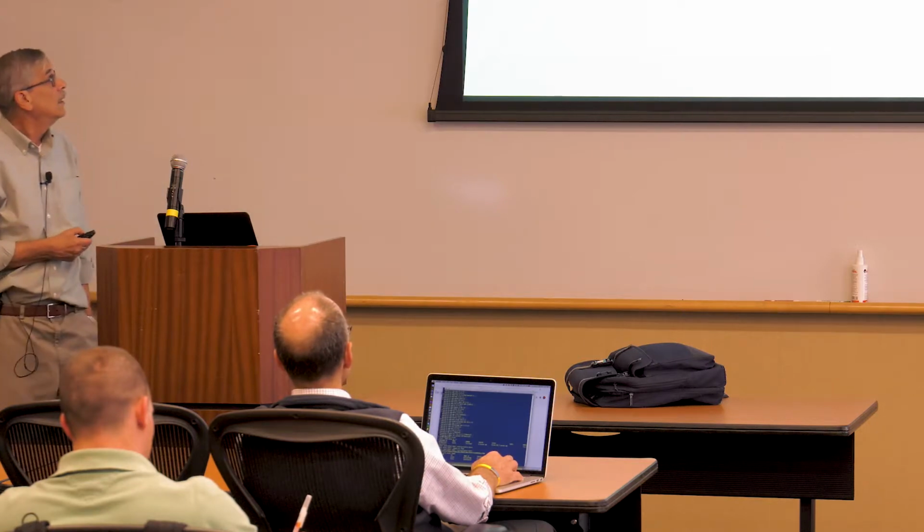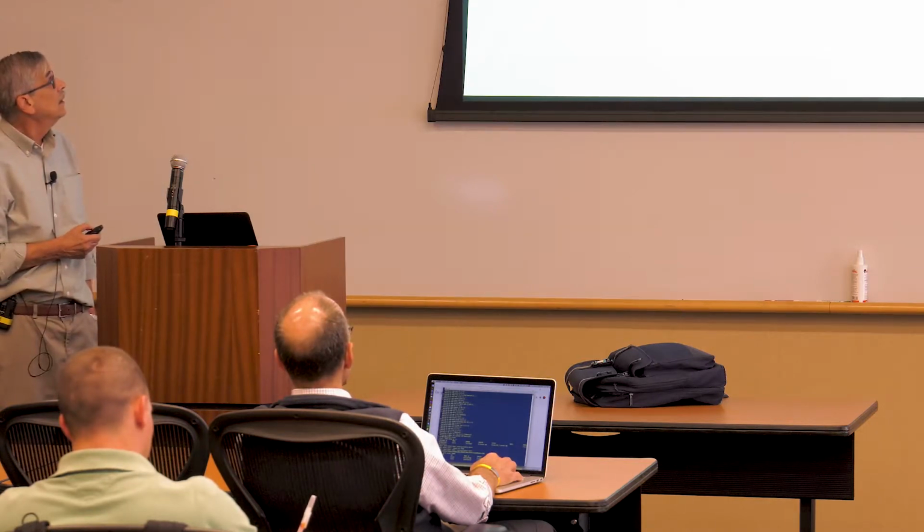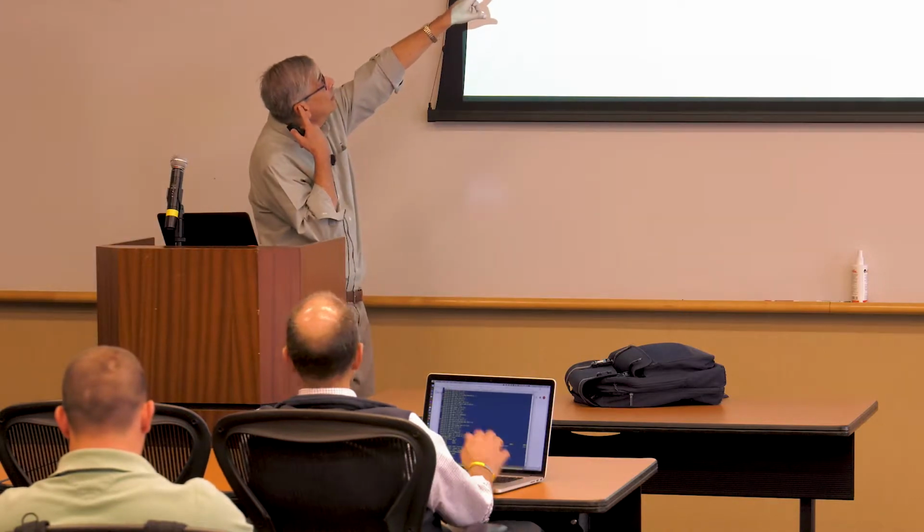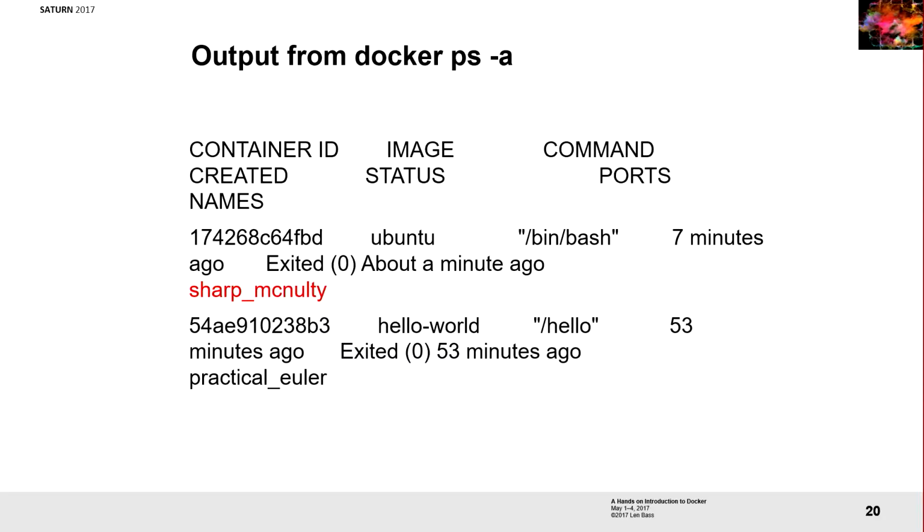It gets a little more sophisticated. Yeah, question? Okay, yeah, so I have an ID called Sharp McNulty. That's a name, it'll be different for you. That's the name that Docker made up for a container I have, not an image name, a container name.